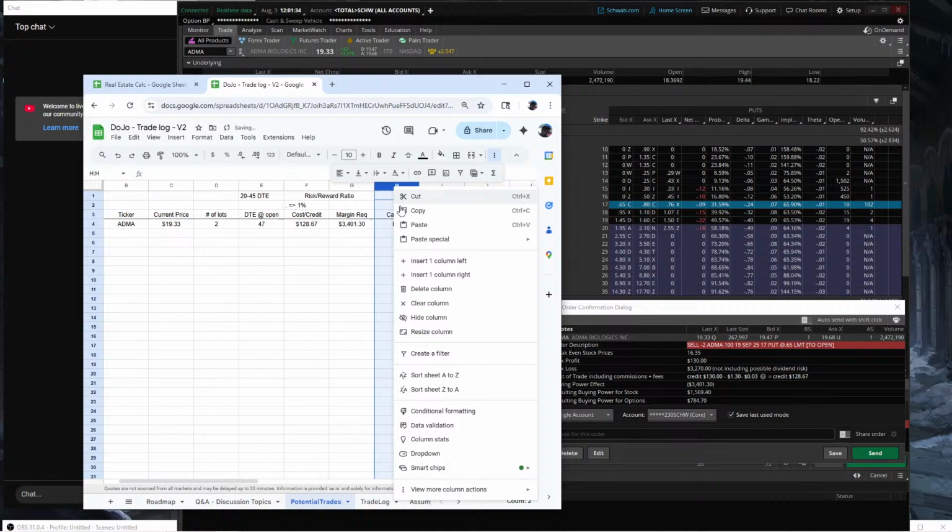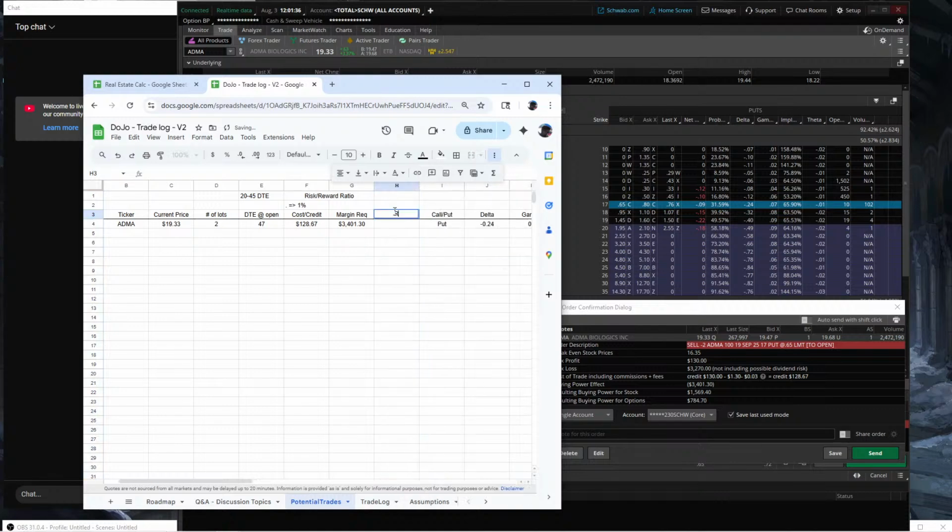So maybe we could do this. So R ratio is going to be this divided by this. Make it a percent. Boom. That's what we're looking at.